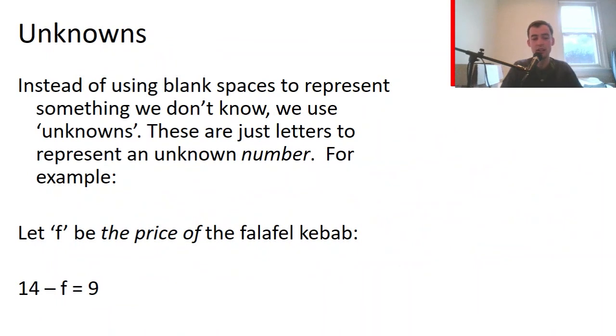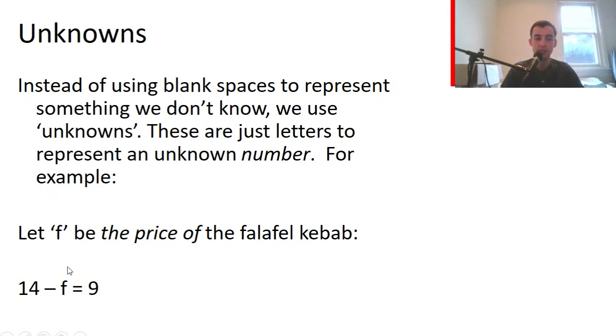Okay, and as I just mentioned, instead of writing the blank space, you can write a letter. And that letter is the thing that we don't know. More specifically, it's the number that we don't know. So this letter is called an unknown, and it stands for a number that we don't know because we don't remember how much we spent.